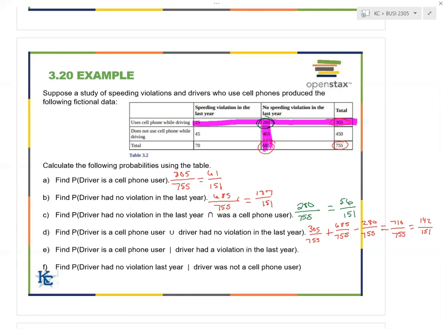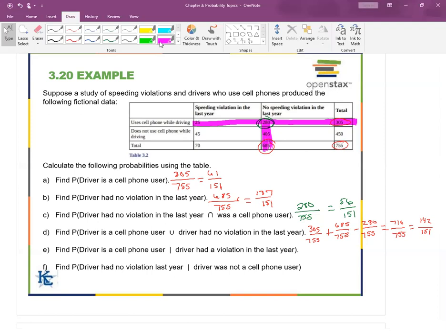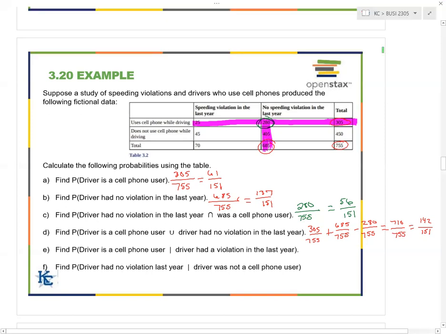So find P, the driver is a cell phone user, given the driver had a violation in the last year. So remember that when we're looking here, we're now changing what our total is supposed to be, right? It says the driver is a cell phone user, given the driver had a violation in the last year. So we already know that they had a violation.